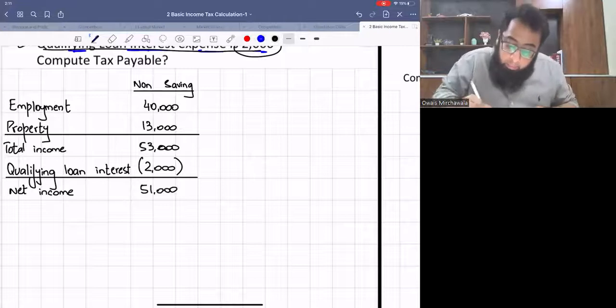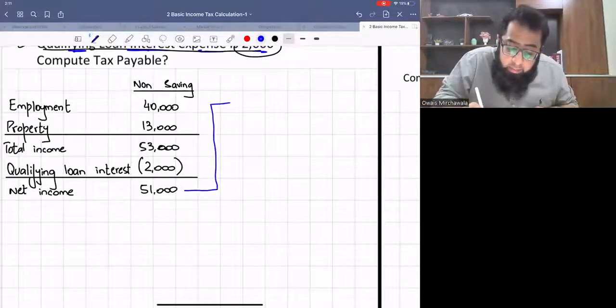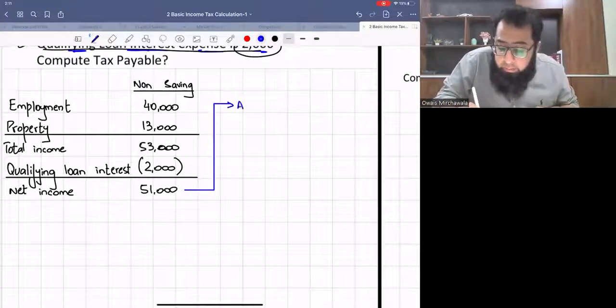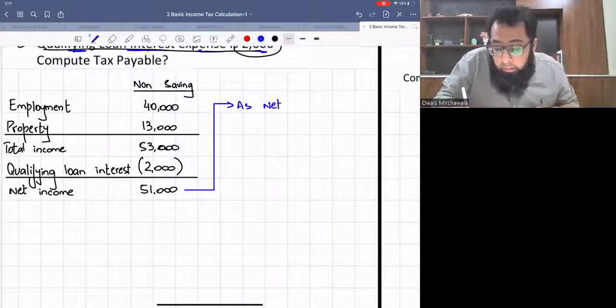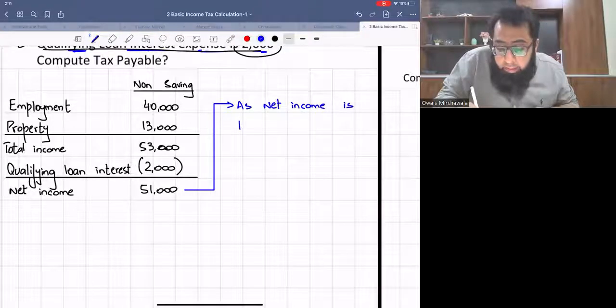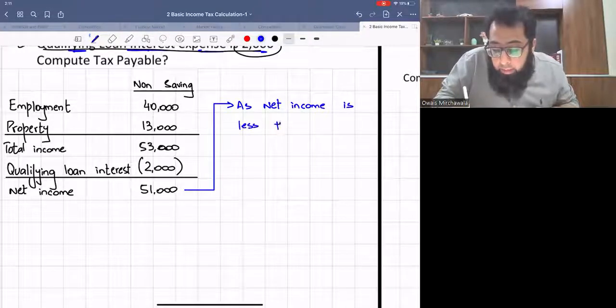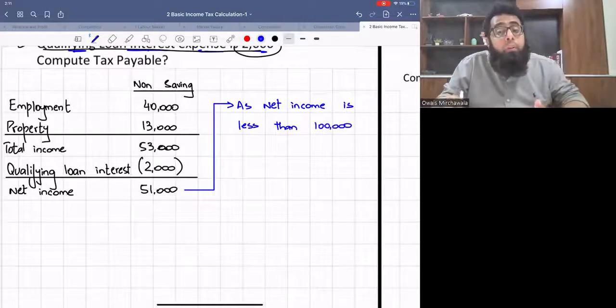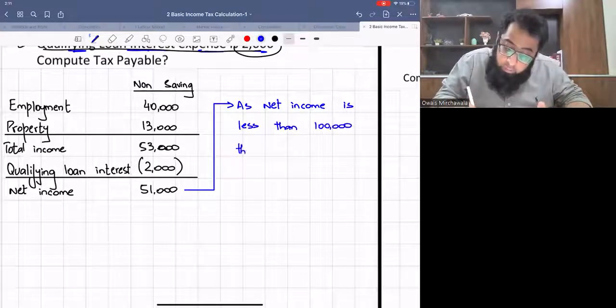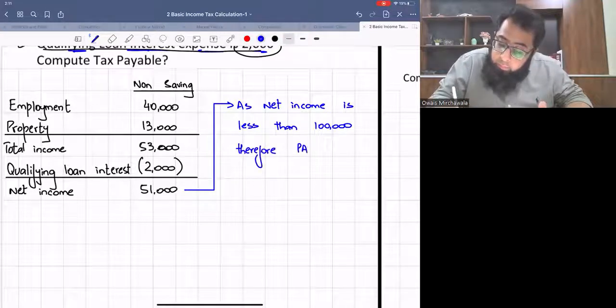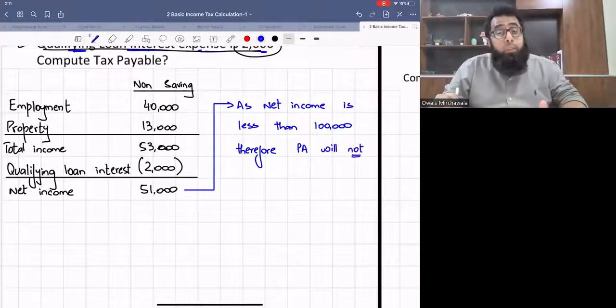Now again, as net income is less than 100,000, therefore personal allowance will not be reviewed.